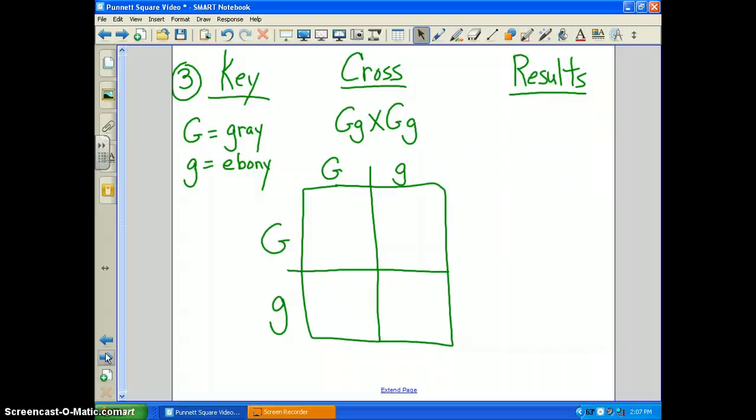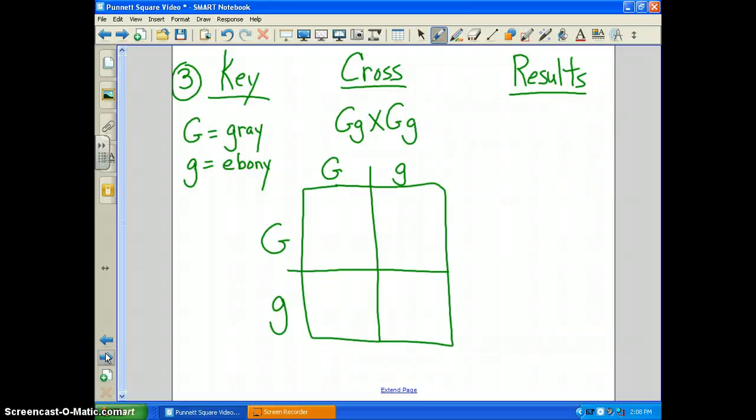Okay, we set up our cross. Okay, capital letter G, lowercase g, cross with capital letter G, lowercase g. We set up our Punnett square. Capital letter G, lowercase g, capital letter G, lowercase g. And then we figure it out.